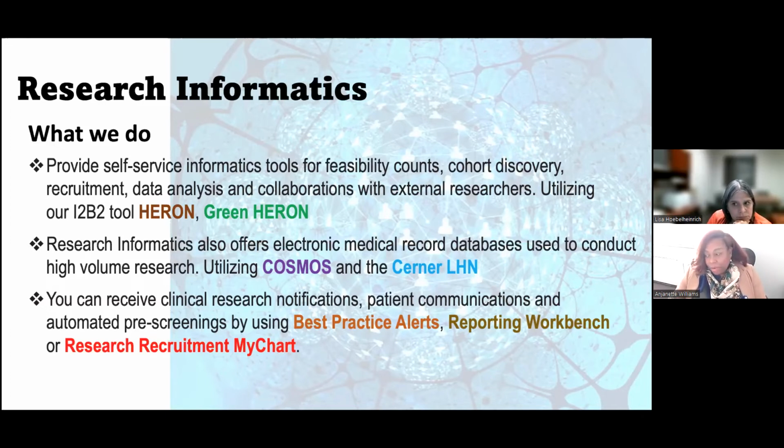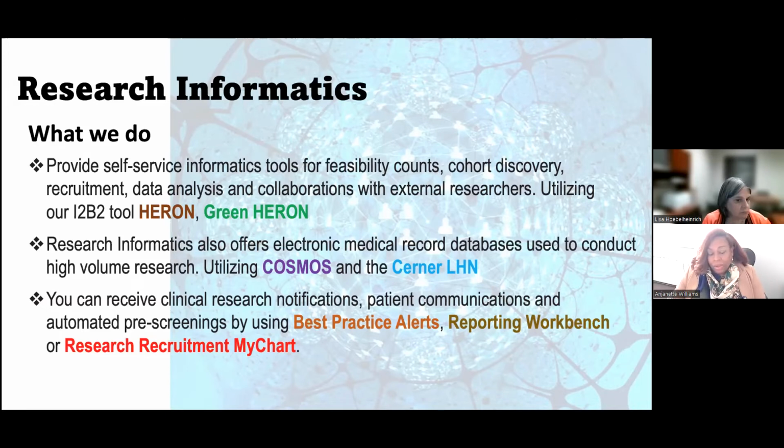The Learning Health Network can help improve enrollment times by efficiently locating and enrolling patients at the start of the study. But this is a Cerner product, so Cerner will help coordinate the next steps.